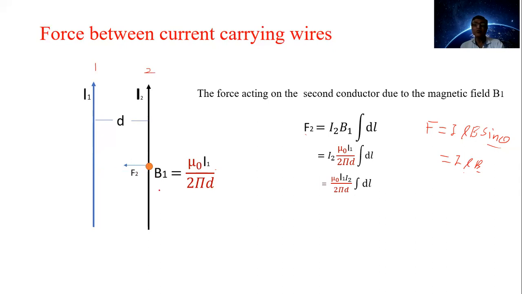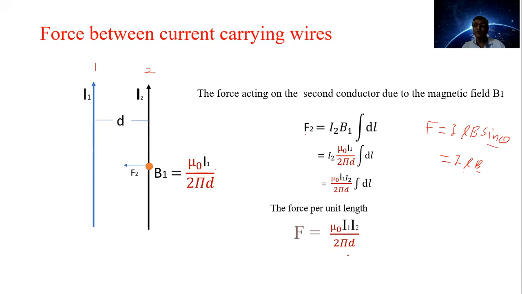And therefore the force per unit length acting on this second wire is given by the relation F is equal to mu 0 I1 I2 upon 2 pi d.